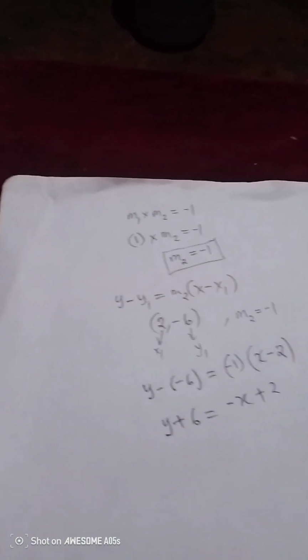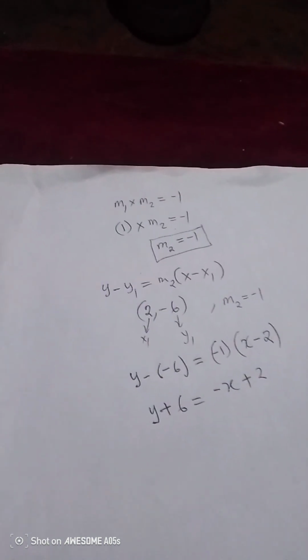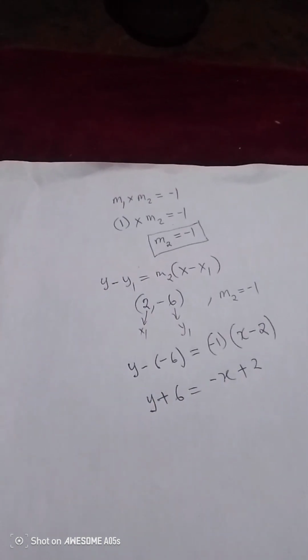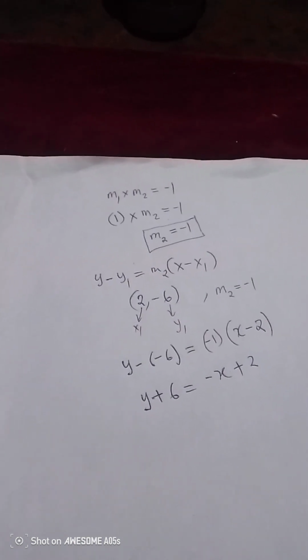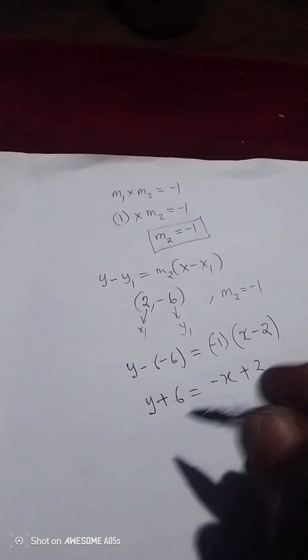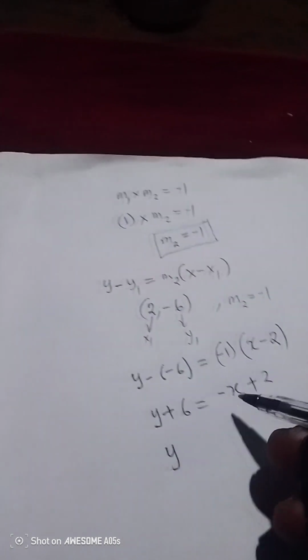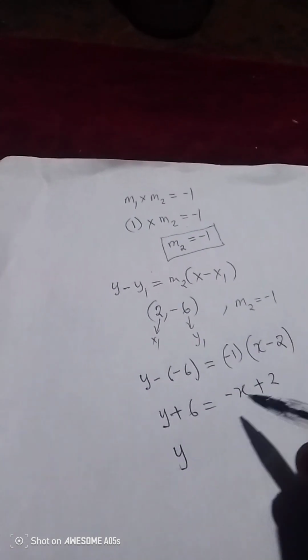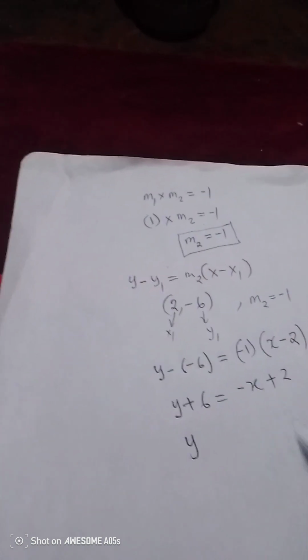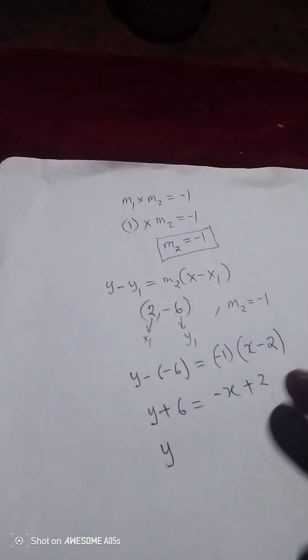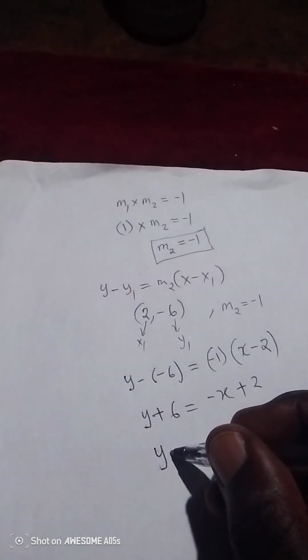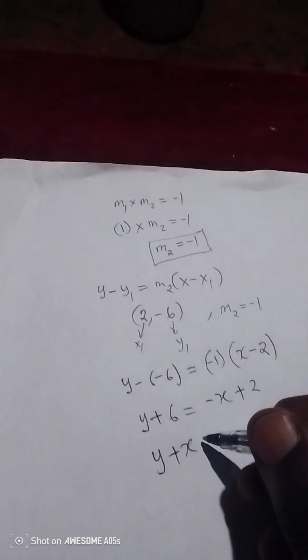Normally the equation of a straight line can start with y equals something, or x and y can be on the same side, but in this case I'll just choose to bring x this side. So it will be y, then I bring the x this side, or I find the additive inverse of negative x, which is a positive x, so I'll add x this side.